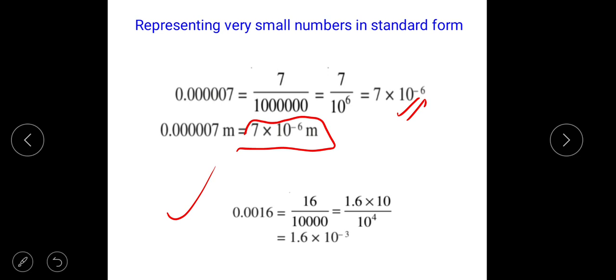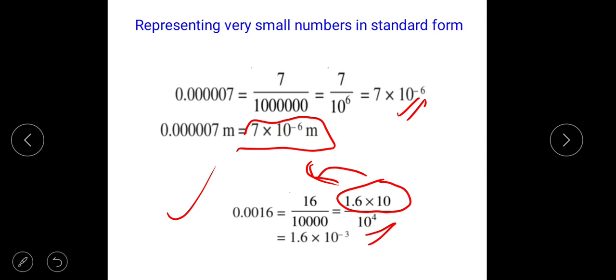Okay, next, one more example. 0.0016. This can be written as 16 by 10,000, right? 10,000 is 10 raised to 4. But in standard form we want a number like this. 16 can be written as 1.6. If you write 1.6, you have to multiply an extra 10 there, then only it goes back to 16.